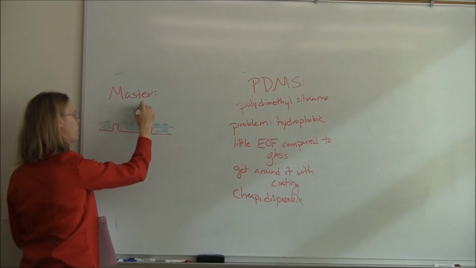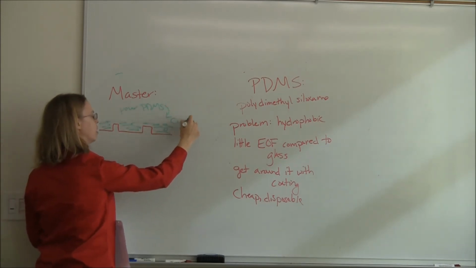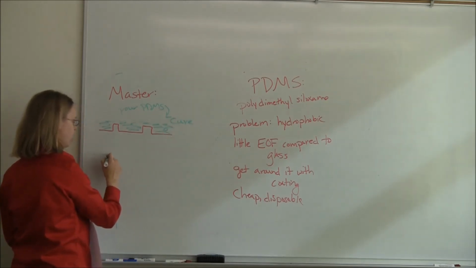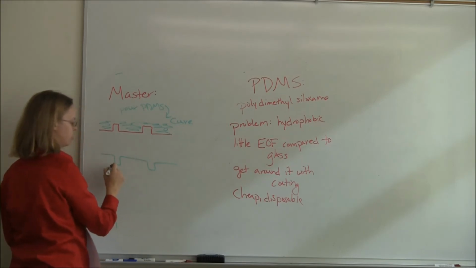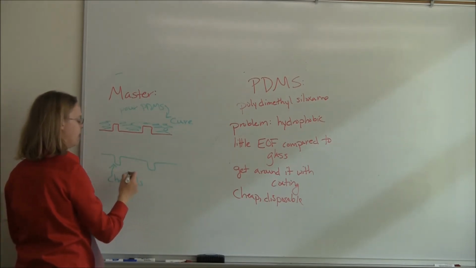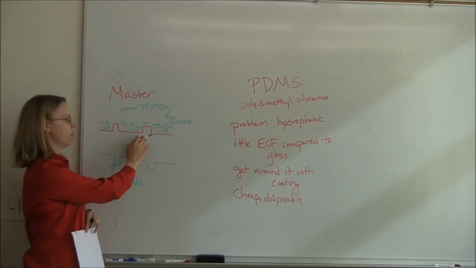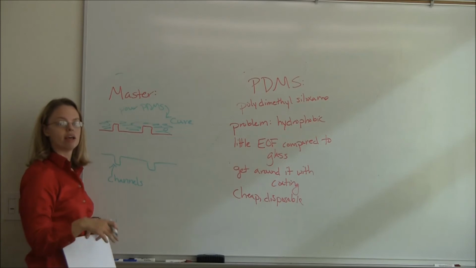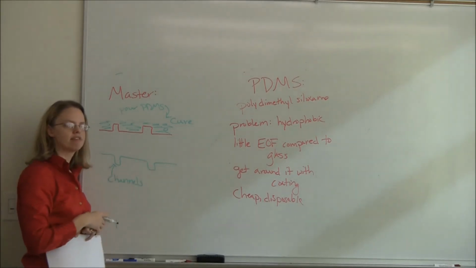So I'm going to pour my PDMS into here, cure it, and then what I end up with is a chip that has channels running through it. There's lots of ways to make these. In the lab, we're going to do this very simply. We're going to make shrinky dinks, so you can see it really well. Pour the PDMS over it, make your channels.